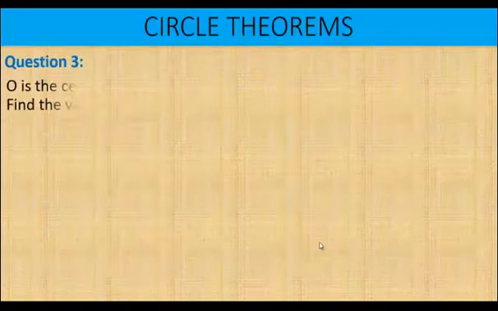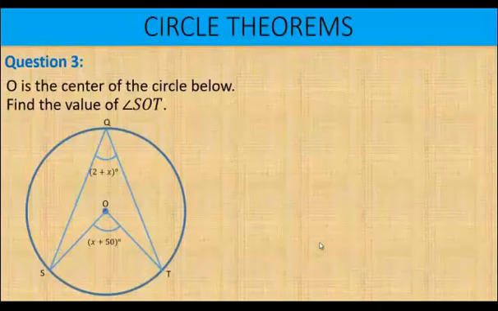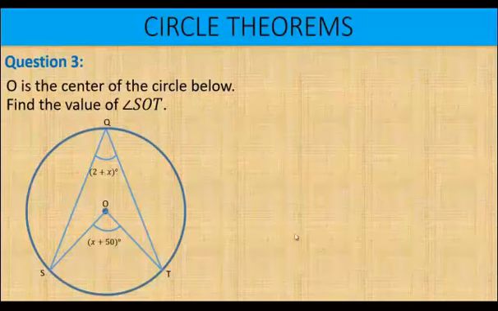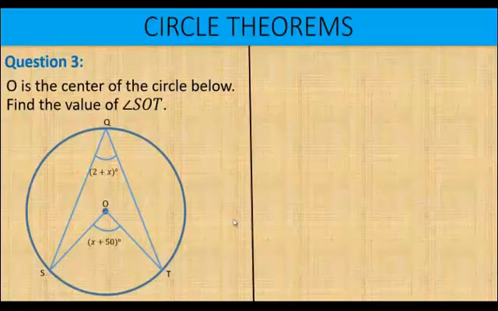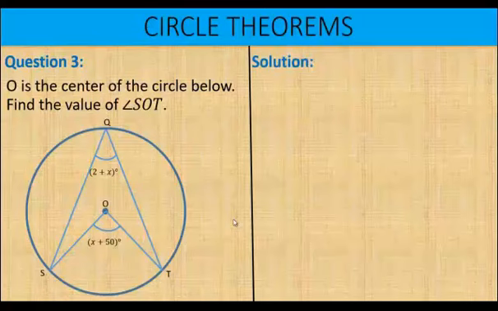Now our question number 3. O is the center of the circle below. Find the value of angle SOT. Angle SOT. But before we can find angle SOT, we should first of all find a way of getting the value of x, and then everything would be simple.